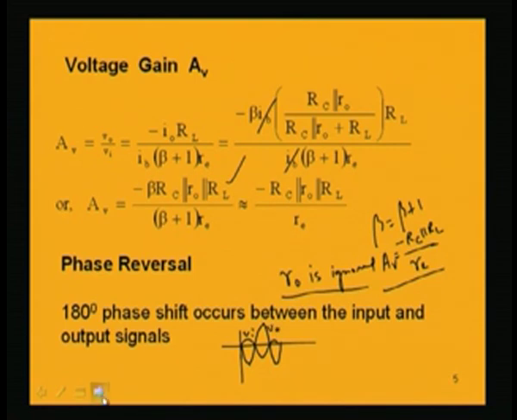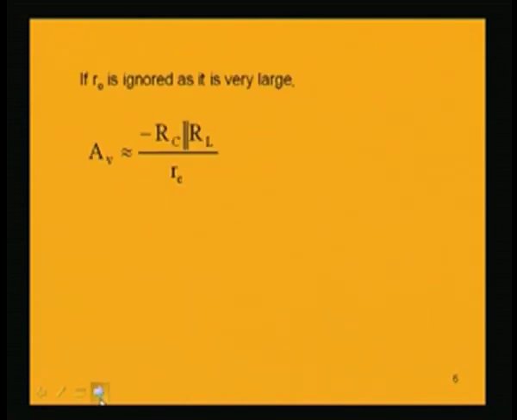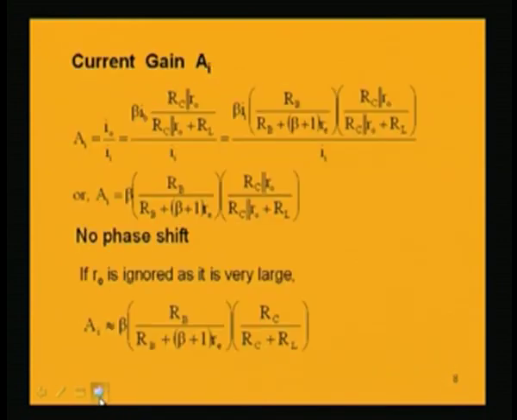Now let us find another term, which is current gain. Current gain is the ratio between the output current I naught and the input current II. The output current, as we have just done, can be expressed as beta times IB into RC parallel R naught by RC parallel R naught plus RL, divided by II.